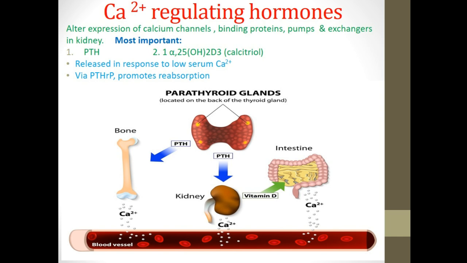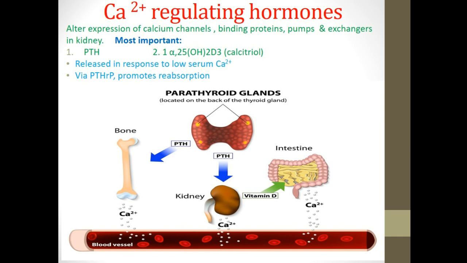This hormone will act on bone, and it will allow release of more and more calcium ion from the bone into the blood, because in the blood the calcium level has come down drastically. So we have to increase the calcium level in the blood. That is why this PTH comes in. It will remove calcium from the bone, that calcium will go to the blood, and it increases the blood calcium level. This is one way.